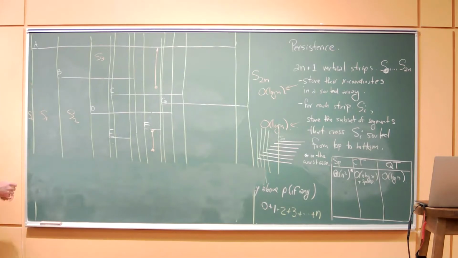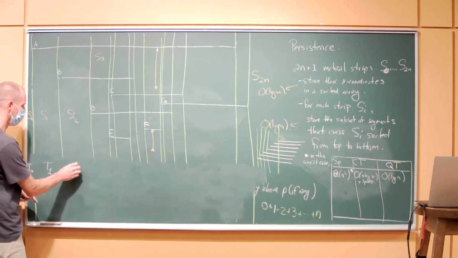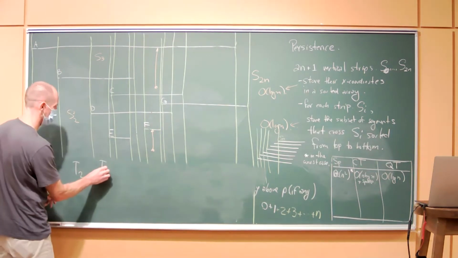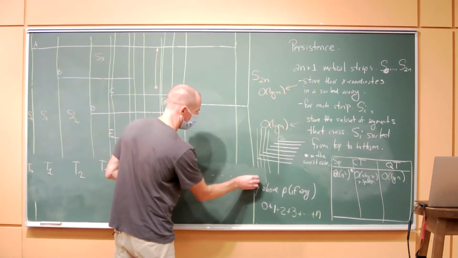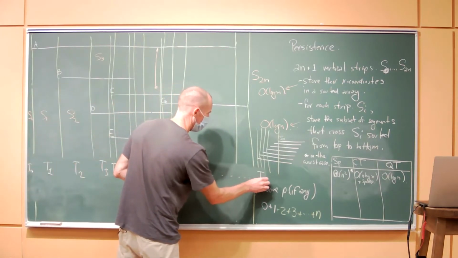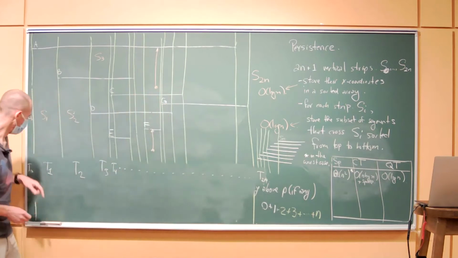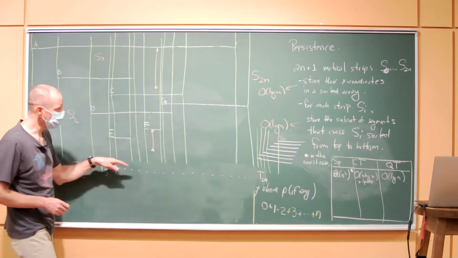So just imagine, here you have an empty search tree T0. Here for strip 1, you have a search tree T1 with one strip in it. This one has 2, this one has 3, and so on, all the way till the end, you get to T2n. So these are supposed to be binary search trees, one for each strip.